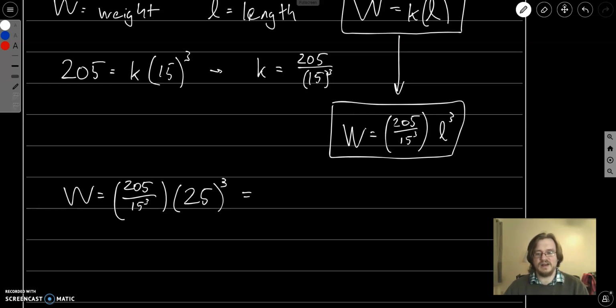And this, which we did earlier, is going to be 949 point something something something. So this is just rounded here. So after I put this into a calculator, we get this, and this is the weight of the shark in pounds.